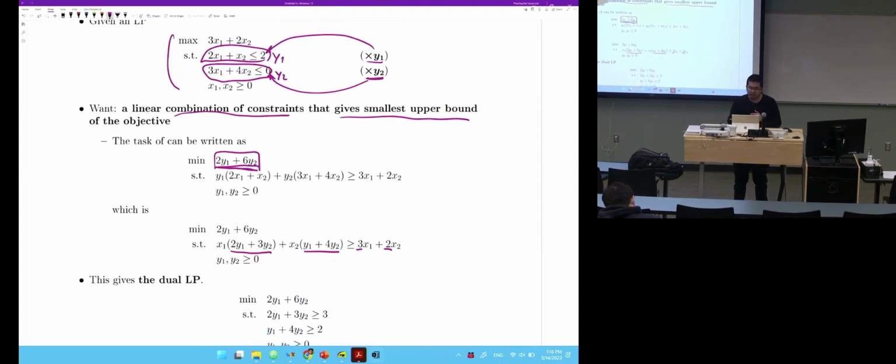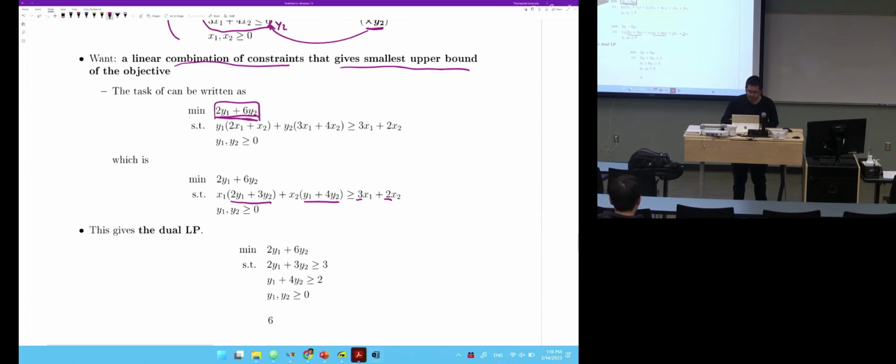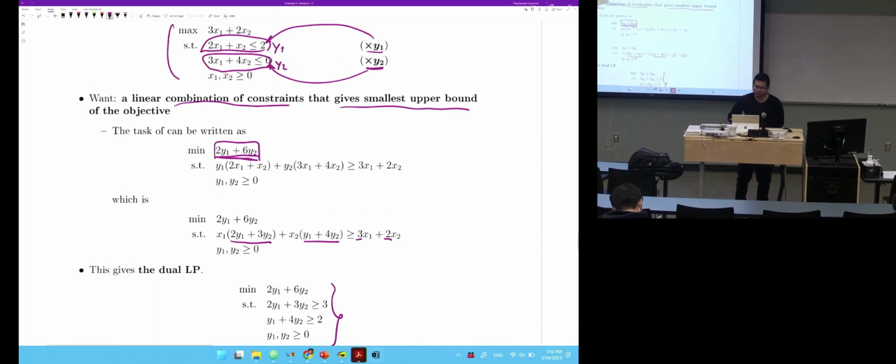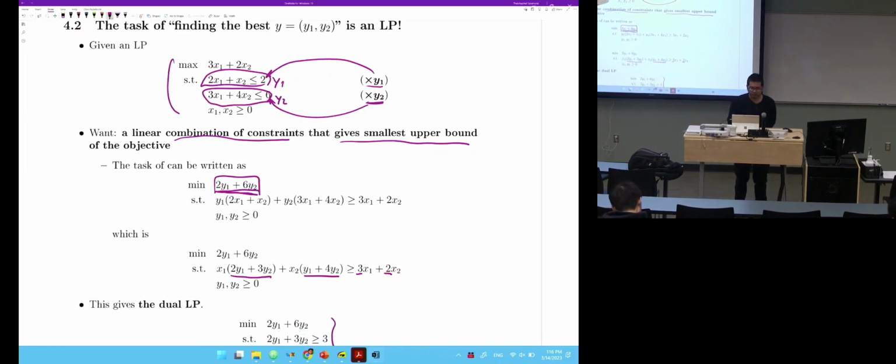And now I can eliminate all the x, and I get this one. So this is now just a linear program on y. And this is called the dual LP of this original LP.